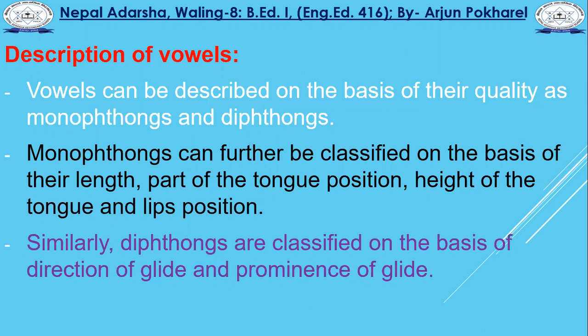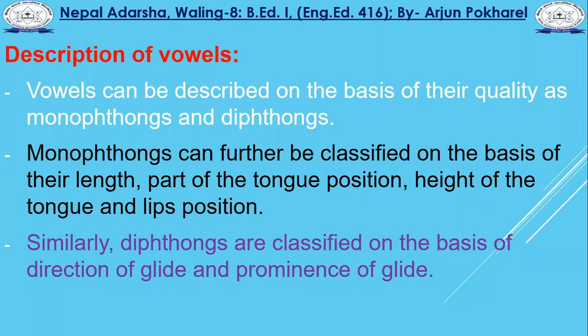Monophthongs can be classified on the basis of four different things: length, part of the tongue, height of the tongue, and lips position. Diphthongs are classified on the basis of two different things: direction of glide and prominence of glide.